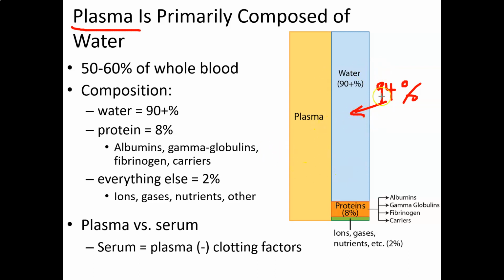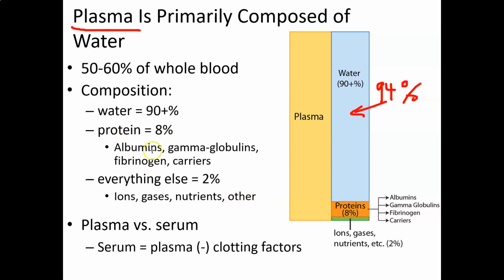What's not water is mostly protein. So protein makes up a fairly significant amount of your plasma portion, and of the part that's not water, it makes up basically 80% of that, which means that what's left is only 2%. What's left are your ions, gases, nutrients, and other things that we find in blood.